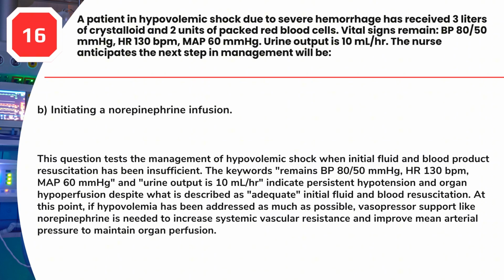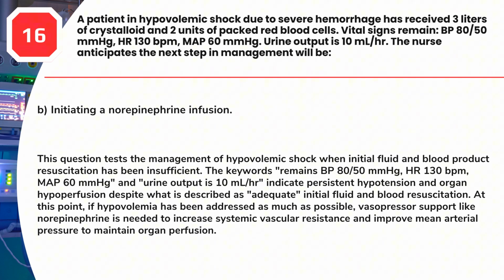Answer, B. Initiating a norepinephrine infusion. This question tests the management of hypovolemic shock when initial fluid and blood product resuscitation has been insufficient. The keywords "remains BP 80/50 mmHg, HR 130 bpm, MAP 60 mmHg, and urine output is 10 milliliters per hour" indicate persistent hypotension and organ hypoperfusion despite adequate initial fluid and blood resuscitation.